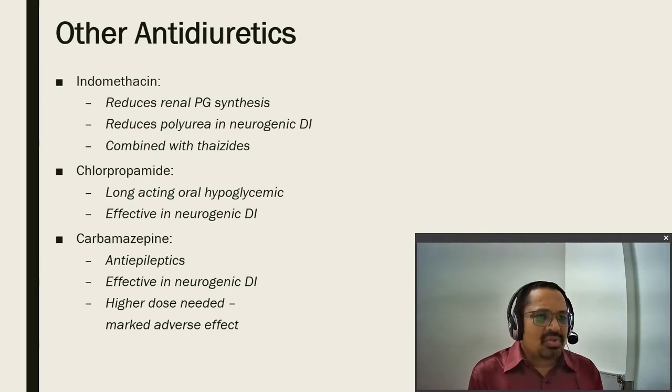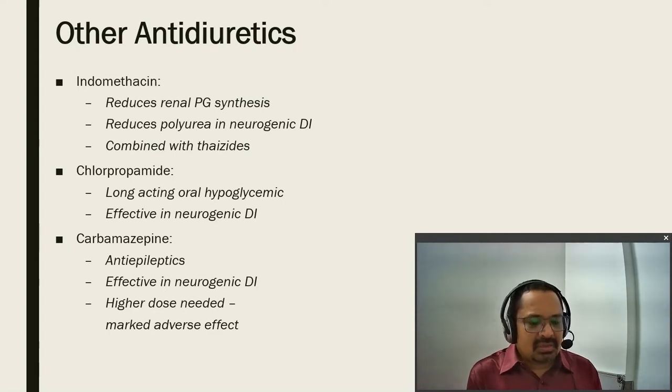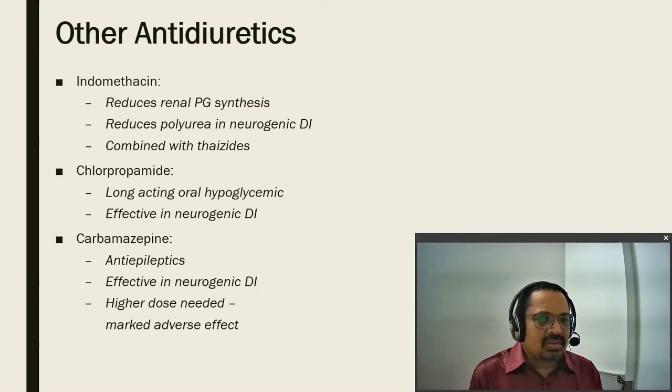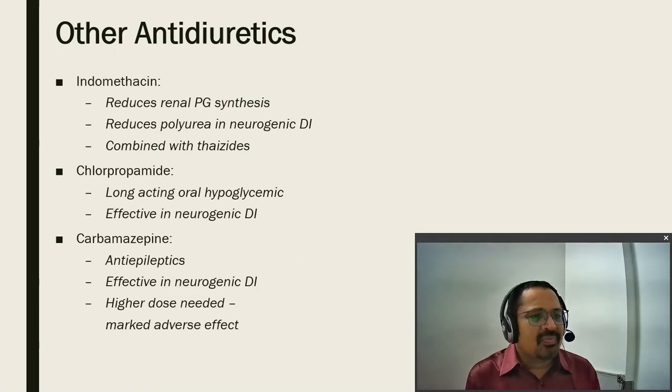It reduces the renal prostaglandin synthesis, and in that way it enhances the water reabsorption process and reduces the polyuria in neurogenic diabetes insipidus. Generally, it is combined with thiazide diuretics, which we have seen in the previous category.